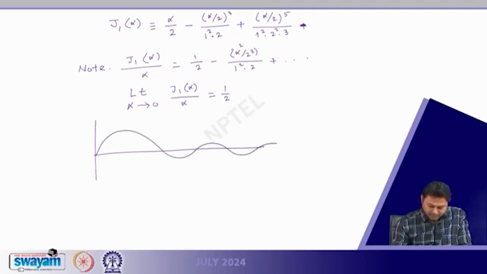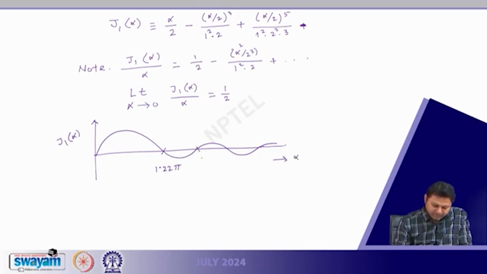So, this is the form of the Bessel function. When we plot J1 alpha, mind it, I am plotting J1 alpha, not J1 alpha divided by alpha. So, that is 0. This point, the first cutting point, is 1.22 pi. This I plot as a function of alpha.